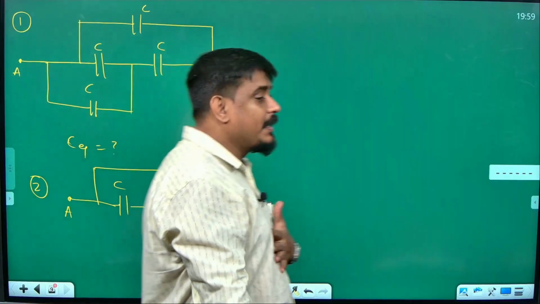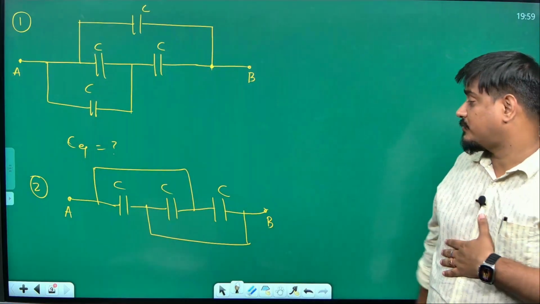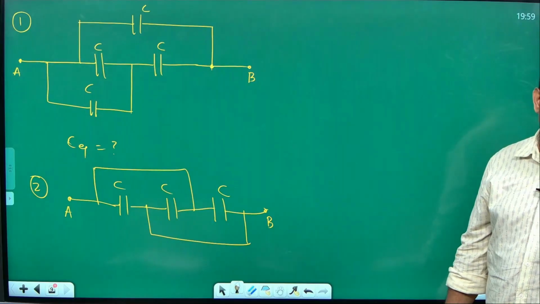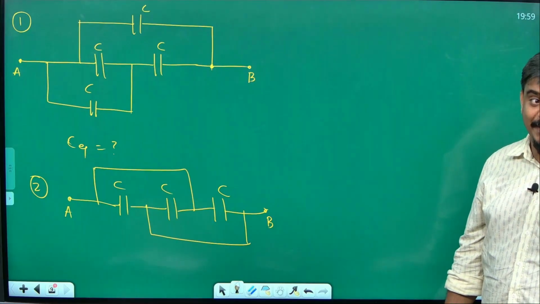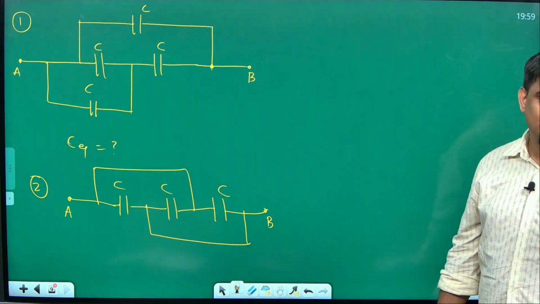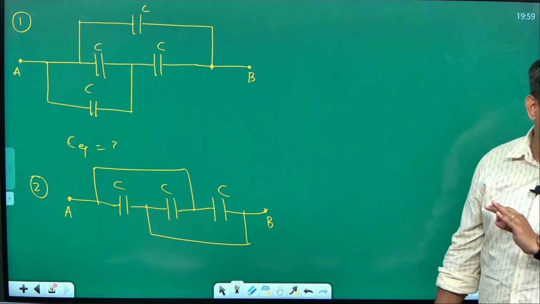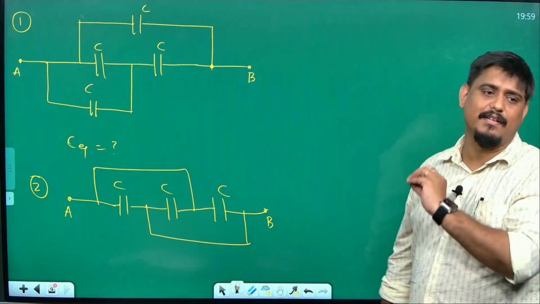Coming back. So, always remember, this is applicable to capacitors, batteries, resistors, inductors, any electrical device.